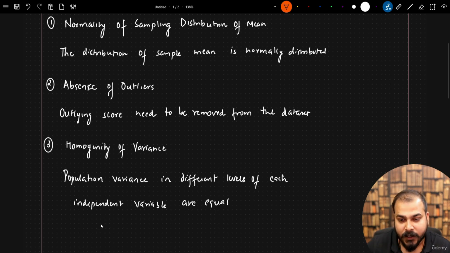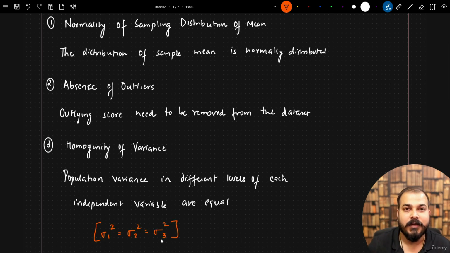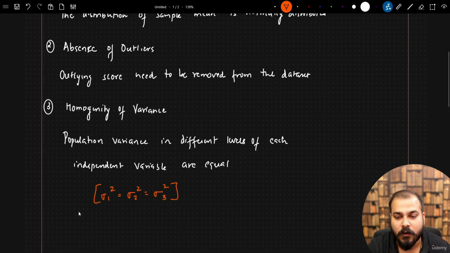So in short, I can also give this notation as sigma 1 squared equal to sigma 2 squared equal to sigma 3 squared. Let's say if I'm considering 3 levels in an independent variable, then your population variance should be the same. Again, I'm repeating it: population variance in different levels of each independent variable are equal. We'll talk about more independent variables, but just a generic term, independent basically means one variable will not impact the other variable. So this is called an independent variable.